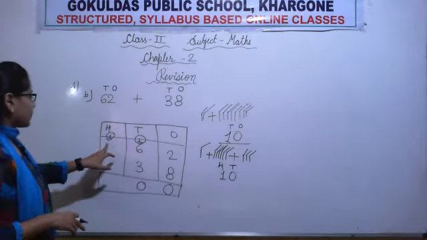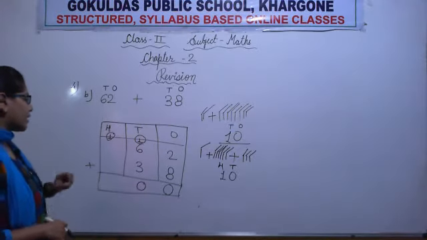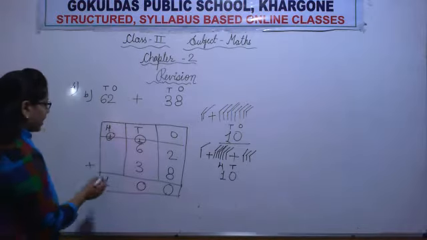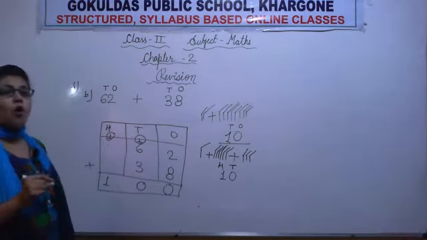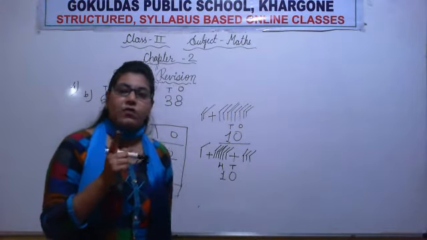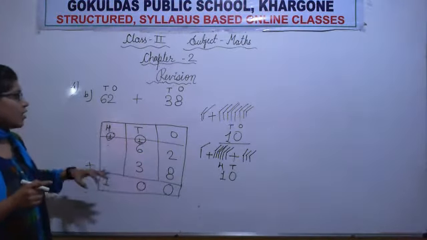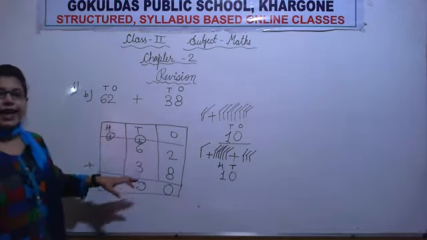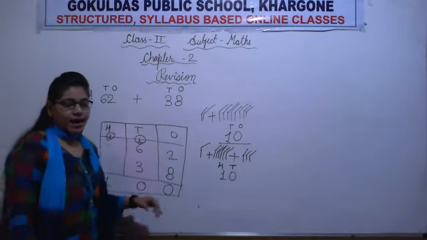Okay. See, only 1 is there, no number is there, so we will write 1 as it is. Or we can say that 0 is here. So 1 plus 0 is 1. So we are writing 1 here. So first addend is 62, second addend is 38 and our sum is 100.